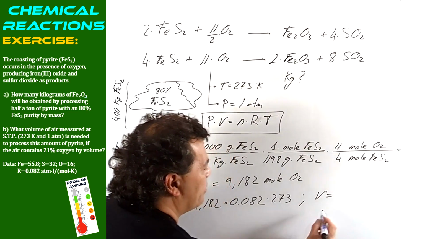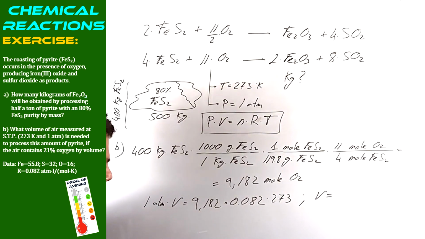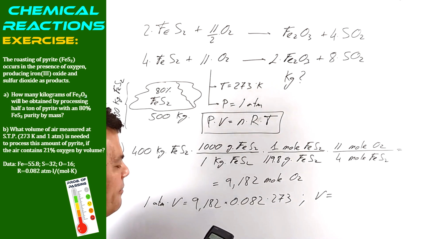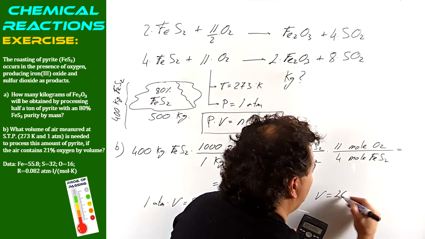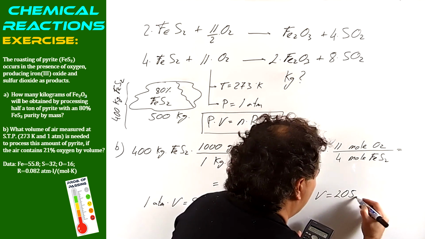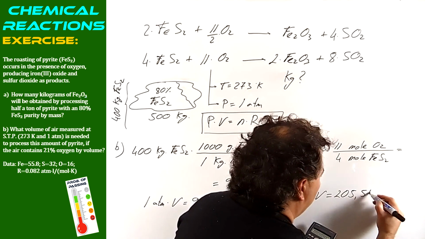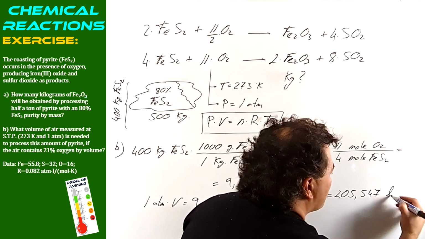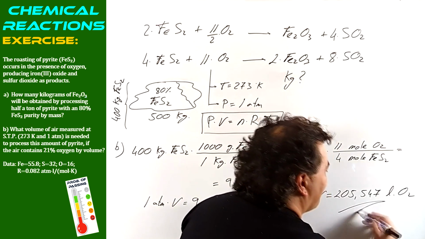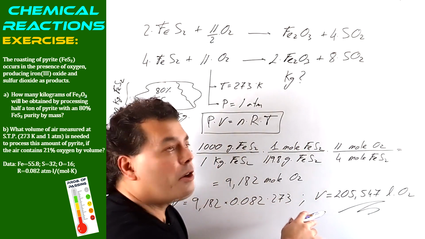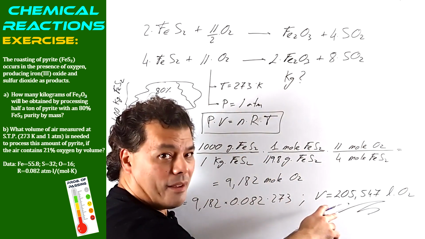And the result will be, 0.082 multiplying 273, we are obtaining 205,547 liters of oxygen. These are the liters of oxygen gas that we need.